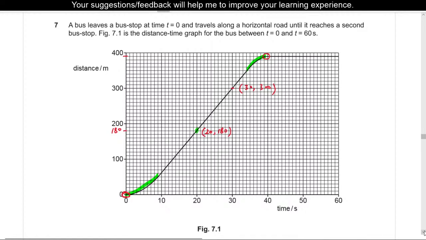So when there is acceleration, it means its speed is changing. So if you look here, between time 0 to 10 seconds, speed is changing, speed is increasing as we have done in part 1. So from 0 to 10 seconds, there is acceleration, there is a resultant force, and what will be its direction? In the direction of the movement, because speed is increasing.